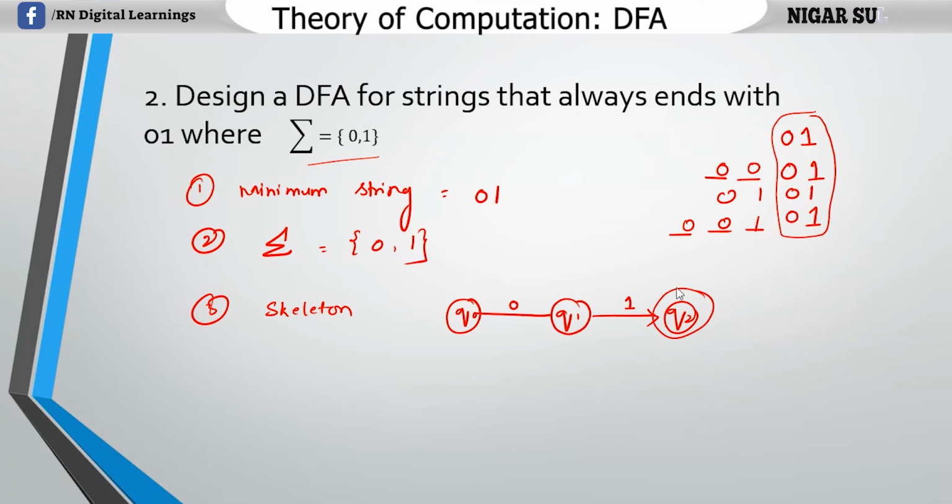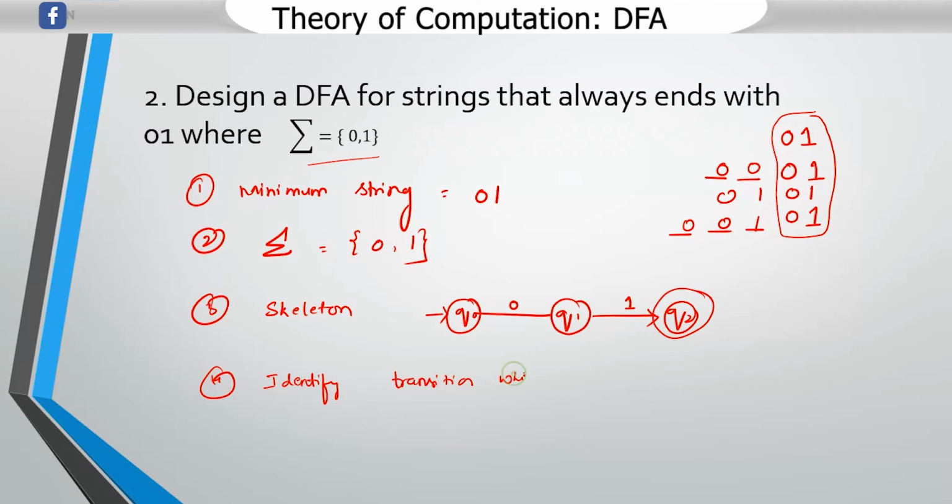So this is your minimum string skeleton of DFA. This is your starting state. Now, the fourth thing is to identify the transition which has not been defined in step 3.